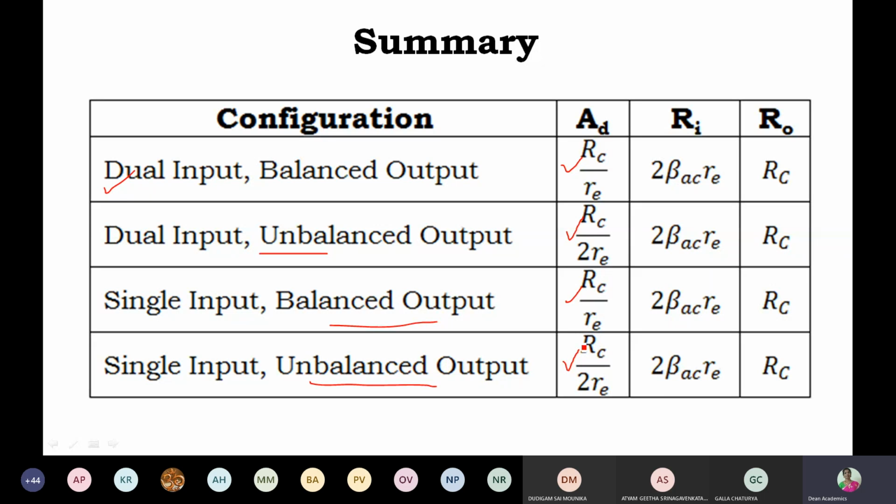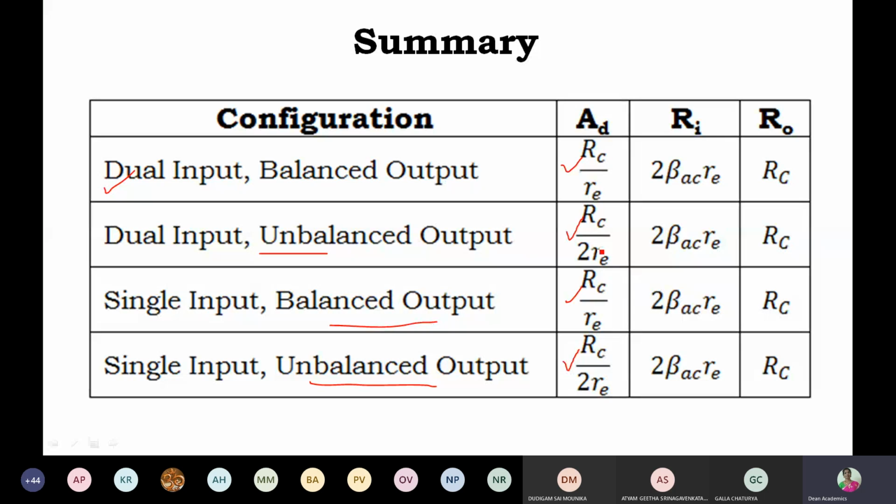So finally, for the differential amplifier, the differential gain depends on the collector resistance RC divided by the emitter resistance, that is transistor emitter resistance RE, right? If it is balanced, we get RC by RE. If it is unbalanced, it is RC by 2 RE, right? This is what I want to summarize.